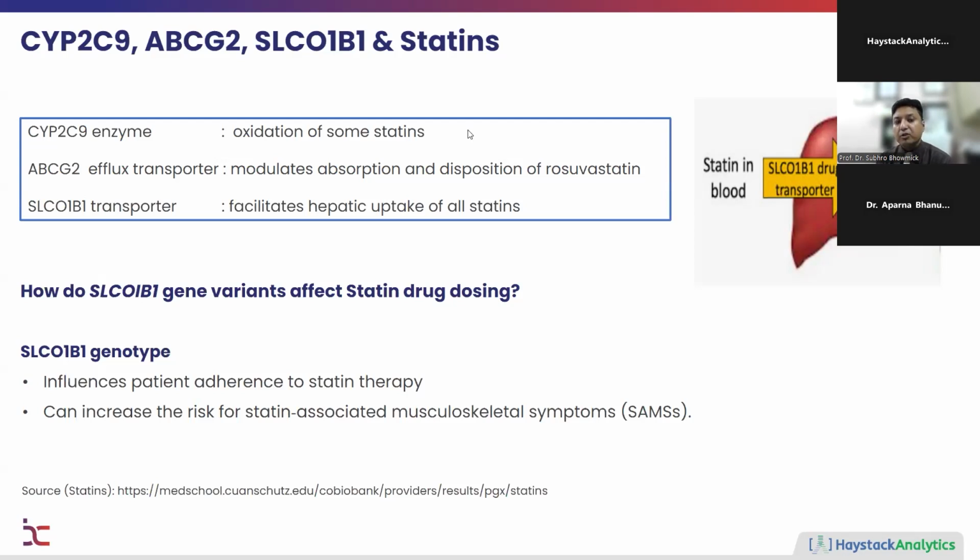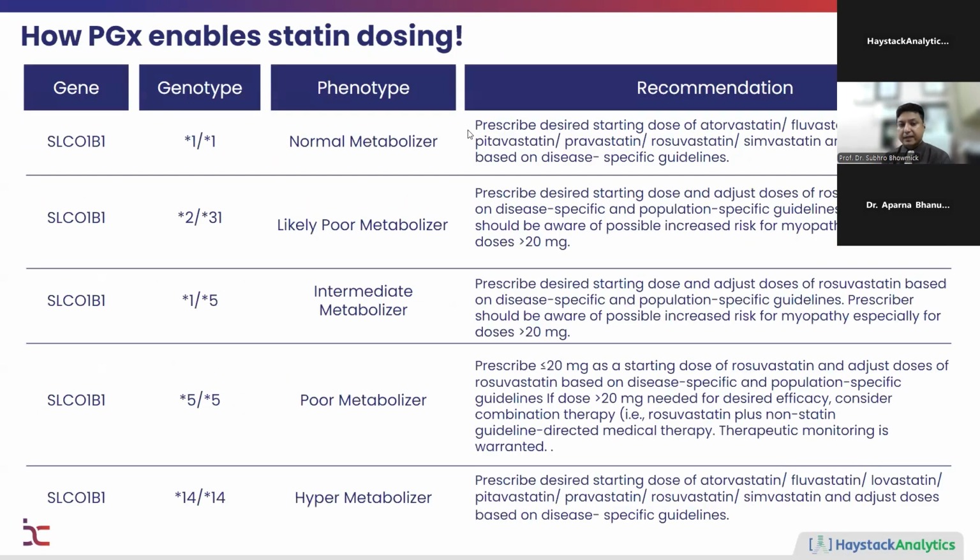So how can pharmacogenomics help in statin dosing? If you are a poor metabolizer of this particular transporter, then we prescribe the desired starting dose and adjust doses of rosuvastatin based on disease-specific and population-specific guidelines. The prescriber should be made aware of the possible increased chance of myopathy, especially at doses of 20 milligrams.